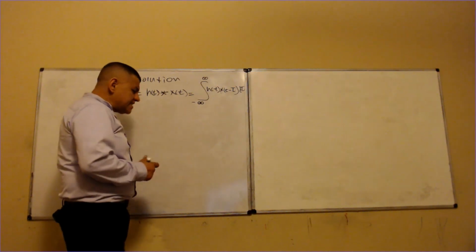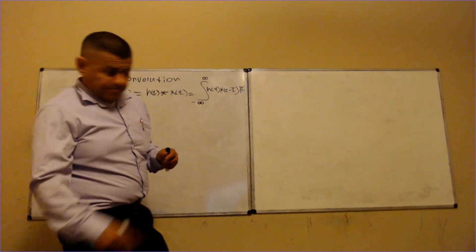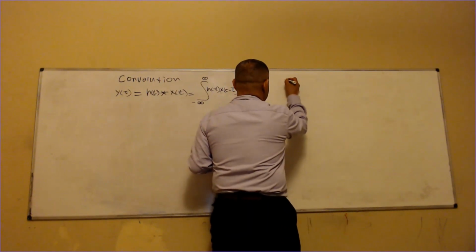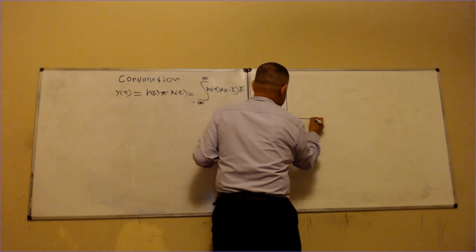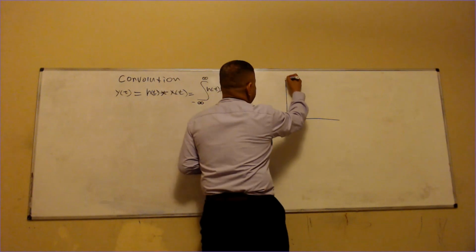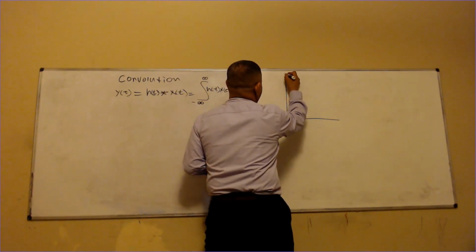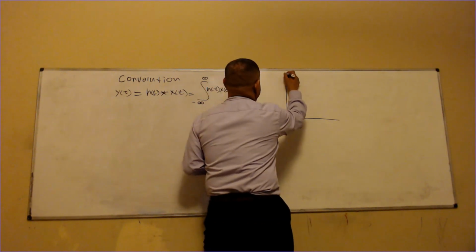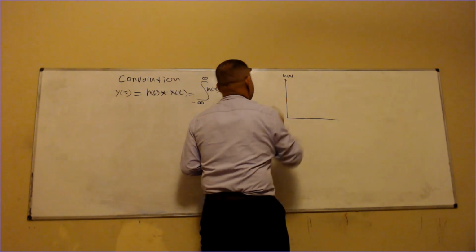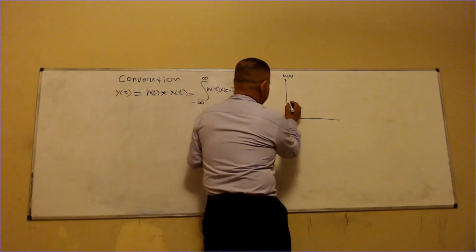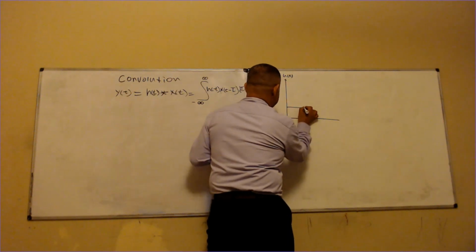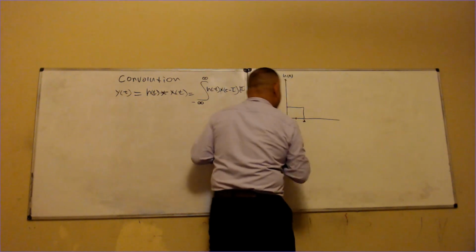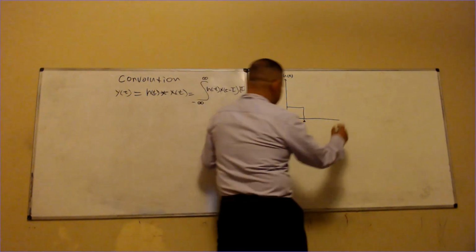So let's say that we had a signal like this. Let's say, for example, this is h of t, and the height of this rectangle is equal to 1, and this is 1, and this is 2.